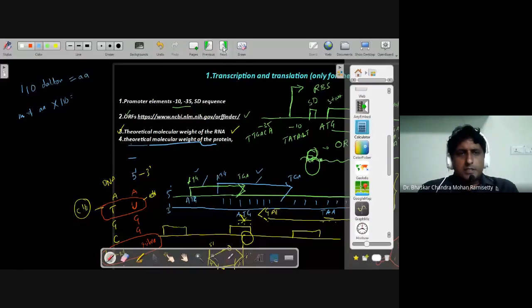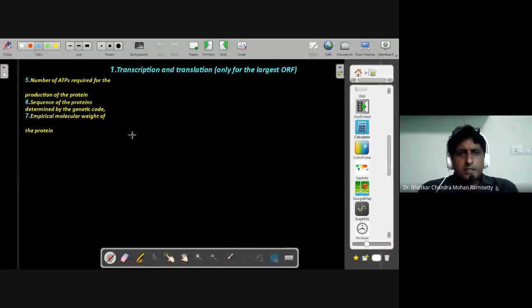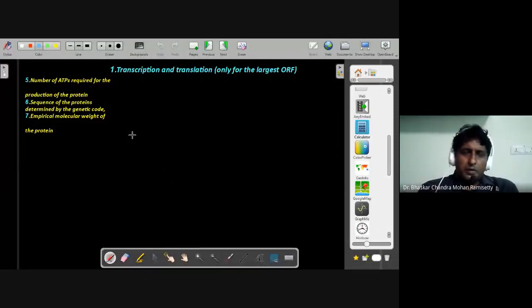We have already seen open reading frames and molecular weight and so on. What we will now have is a little bit about translation, right? If you have a number of ATPs, you should be able to calculate the number of ATPs required for the production of the protein.